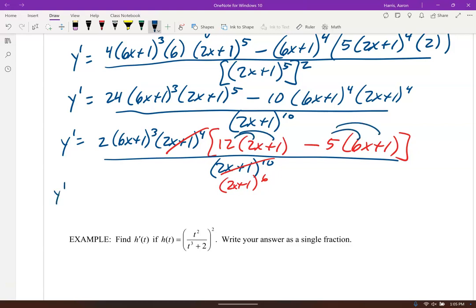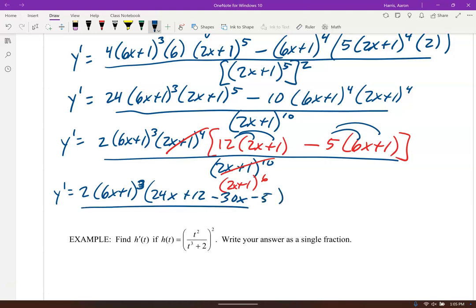So let's see what we got. Y prime 2, 6x plus 1 to the third. And I've got 24x plus 12 minus 30x minus 5. This is all over 2x plus 1 to the sixth. Let's see, 24x minus 30x, I got a negative 6x. 12 minus 5, I got a 7.